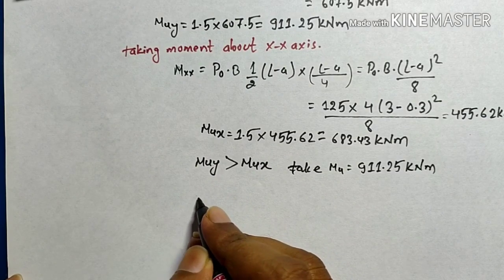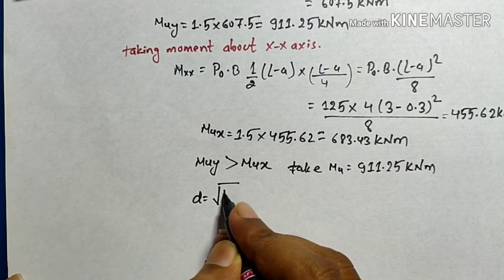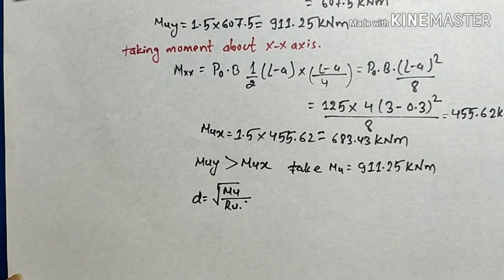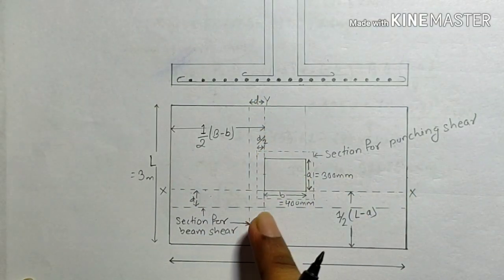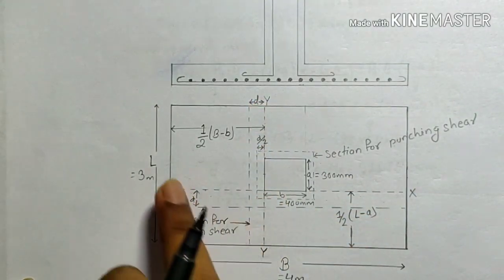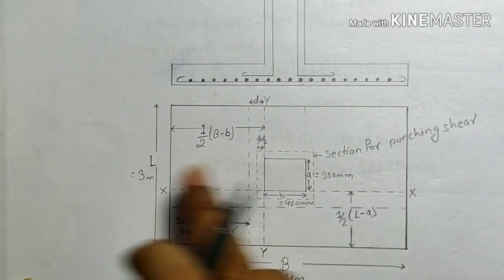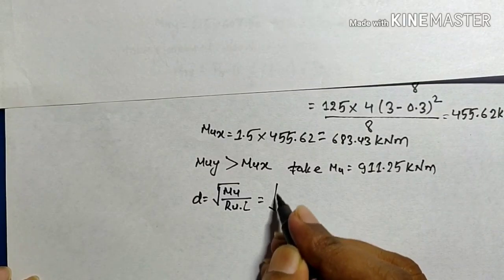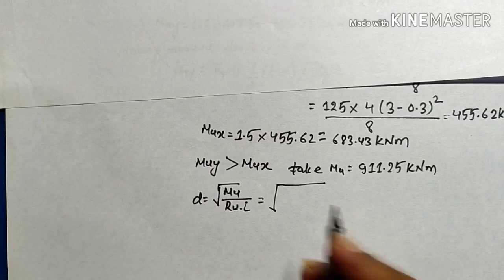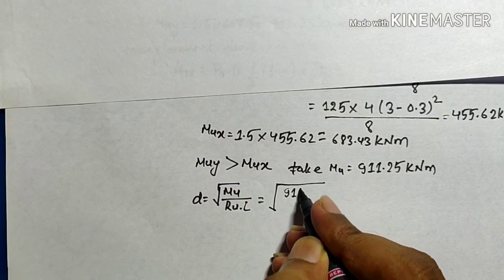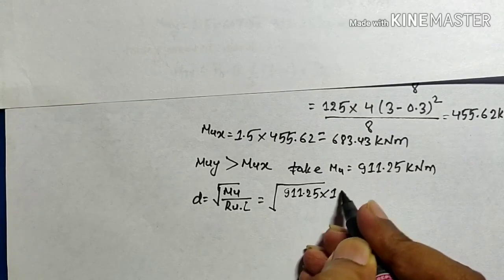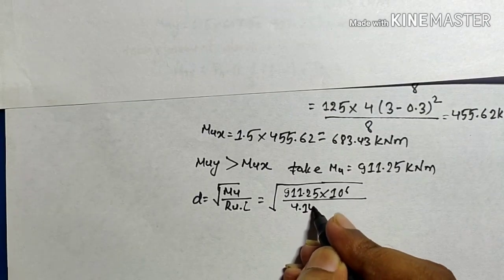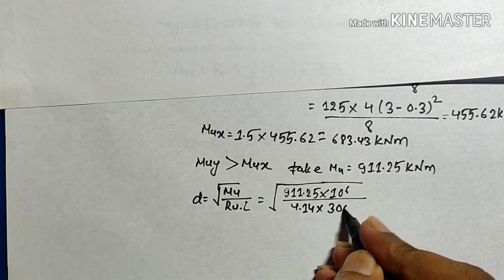We have a formula, d equals root under Mu upon Ru times, and here we are taking the moment about the y-axis, and corresponding to the y-axis our span is L, so we need to multiply this by L, which will be equal to root under Mu equals 911.25 into 10 to the power 6 divided by Ru equals 4.14 into L equals 3000 millimeter.